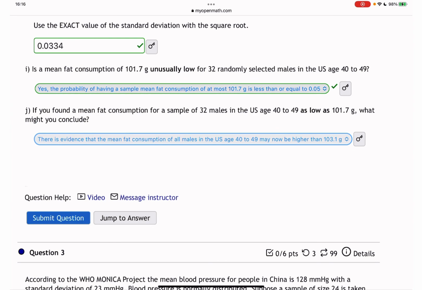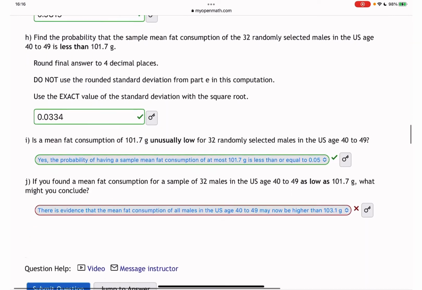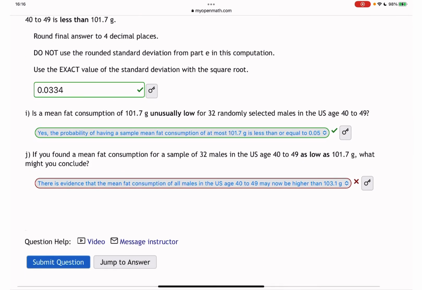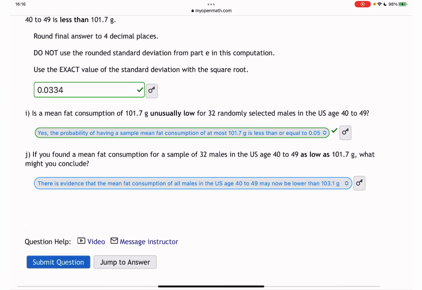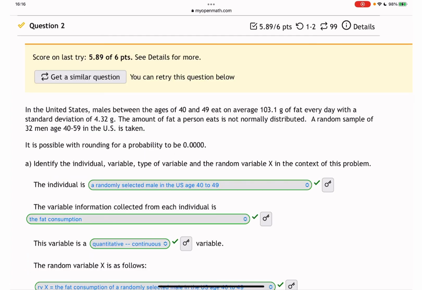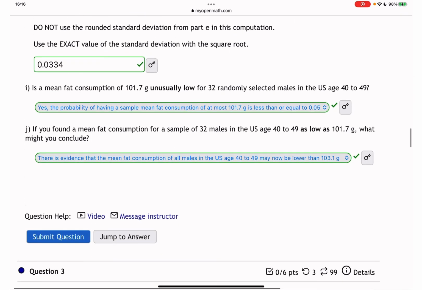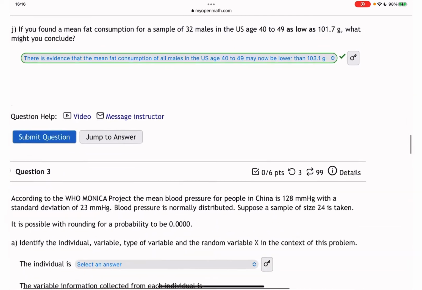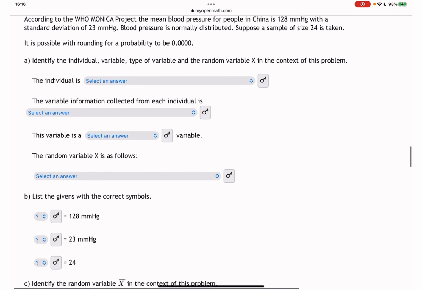There we go. Let's check this one also. Again, may not. I'm saying one thing, choosing another. May not be, which means may now be lower. Bingo. Okay. I think question number 3 should be pretty much the same thing.